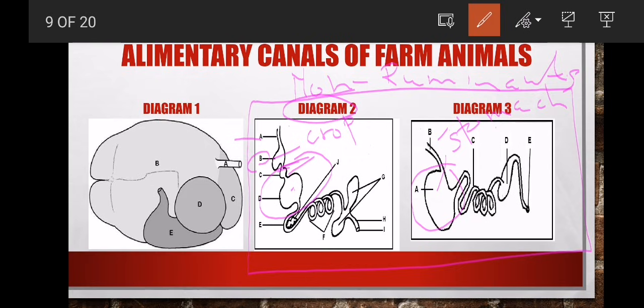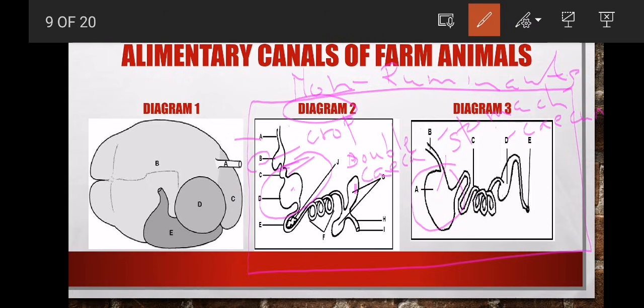Let's go to the large intestines and look at the other difference. When you focus on the large intestine, we have this part which is G. We can call this one a double caeca. If we call this one a double caeca, you come to D of this one, we call it a caecum because it's singular.